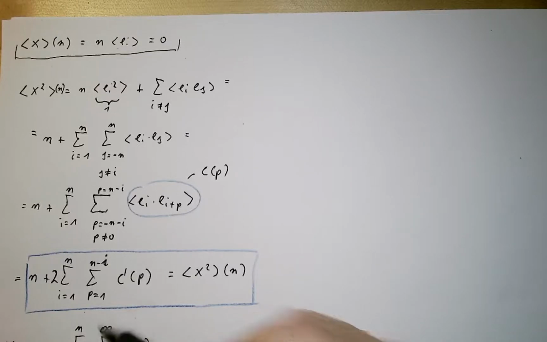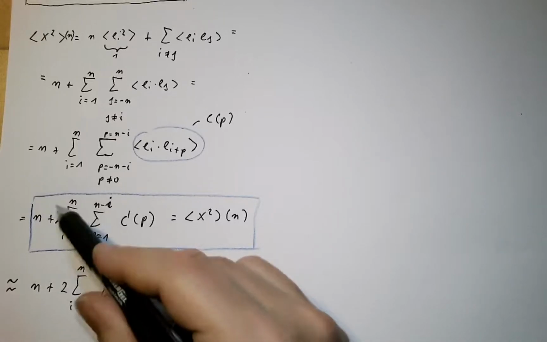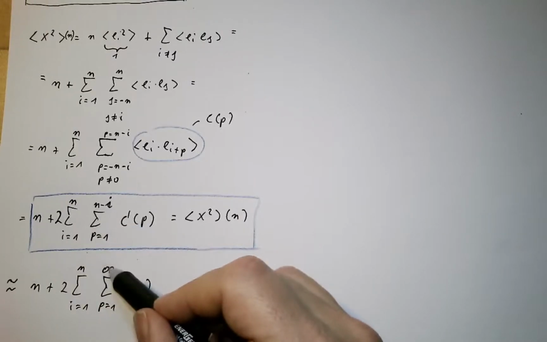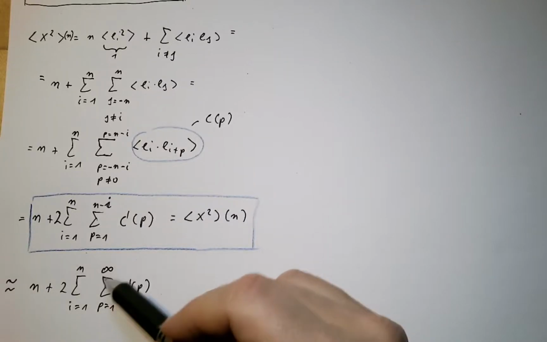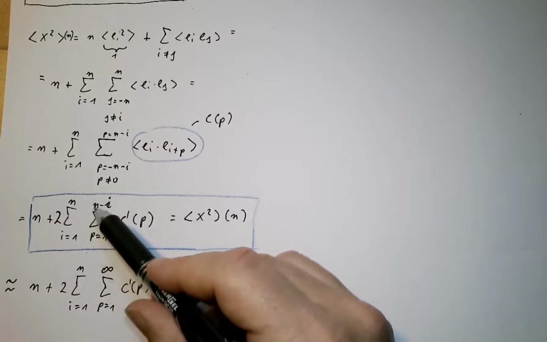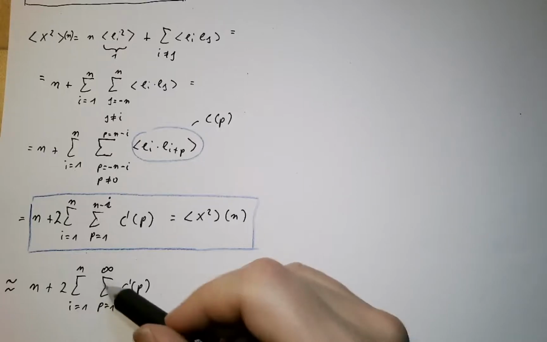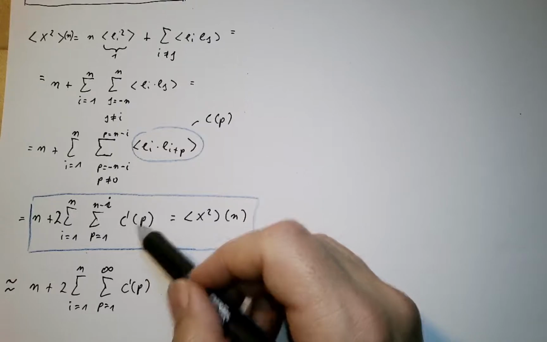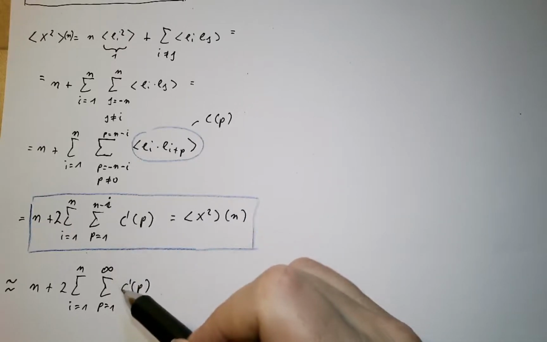So we make an error. Sorry, so that was all the same. We sum up from p equal 1, but not to n minus 1, but to infinity. So we make an error, but this error depends on all the terms, all p values which are larger than n minus i, but if this is an exponential function, we have here additional terms which hopefully will not make a strong contribution because they decay very fast.